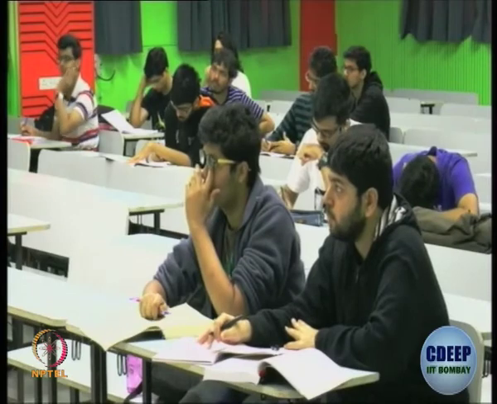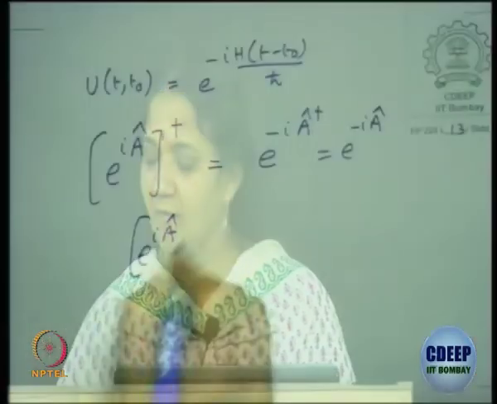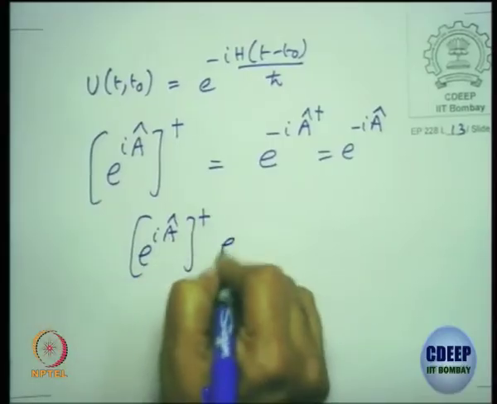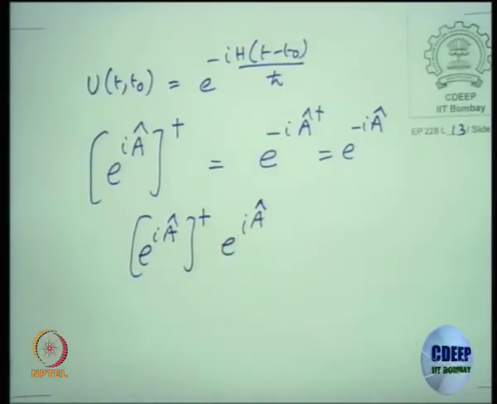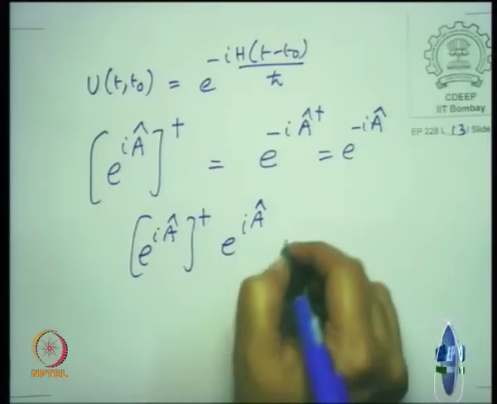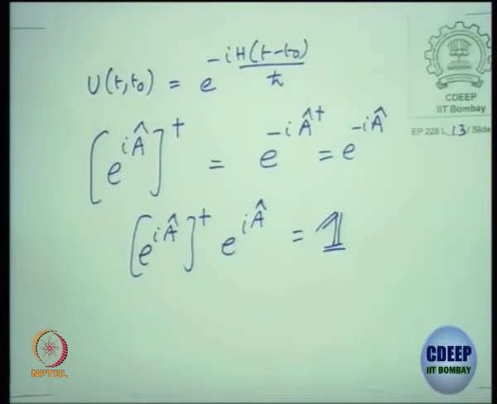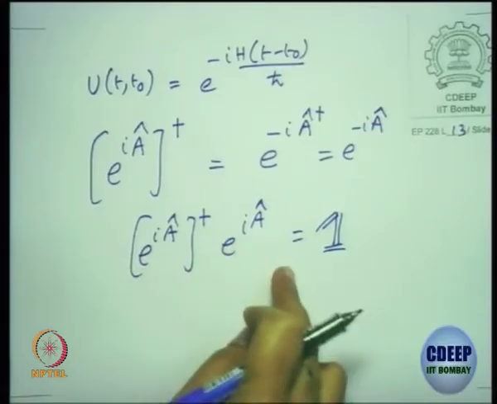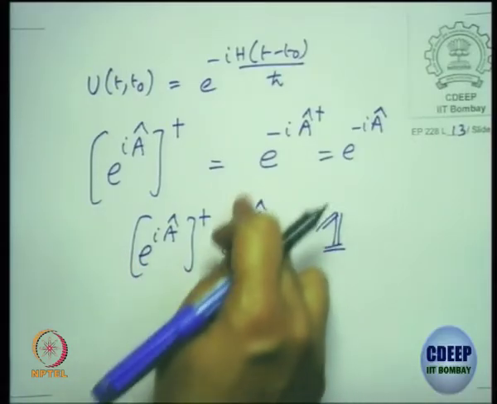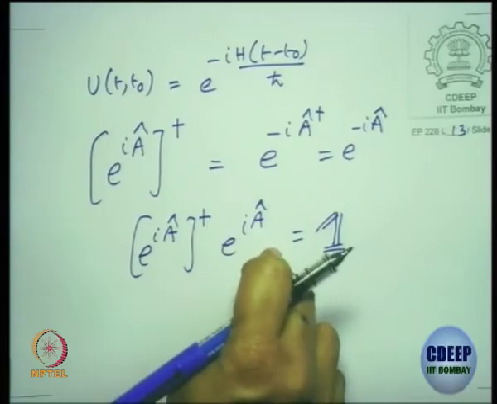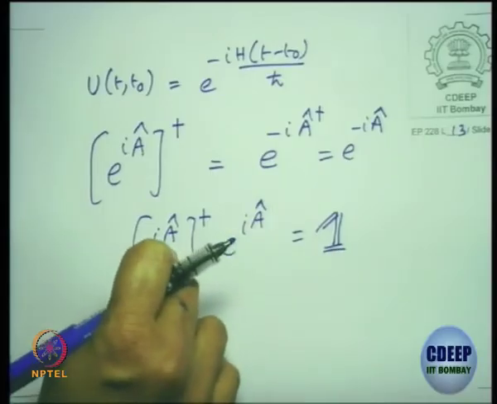but it has this additional property that e to the minus i A dagger with e to the i A is going to be identity. But this you could do because the exponential power operator is the same as this operator.